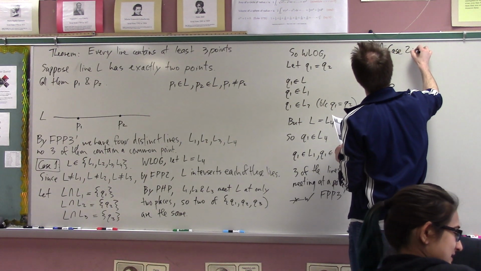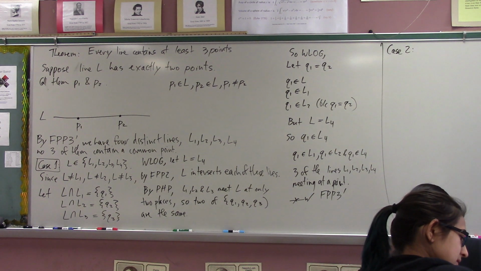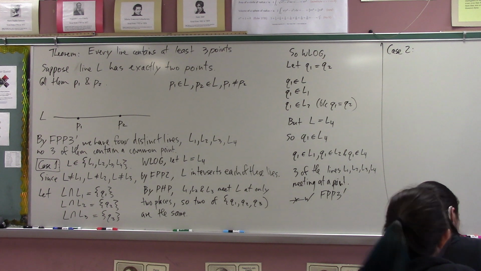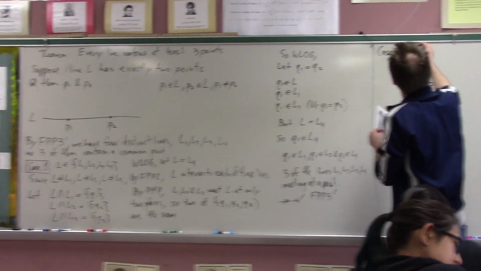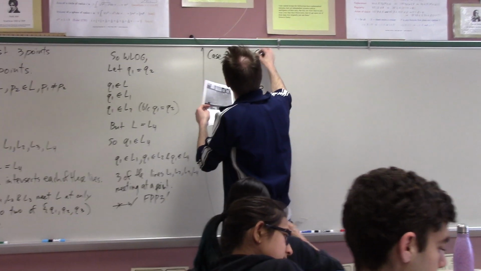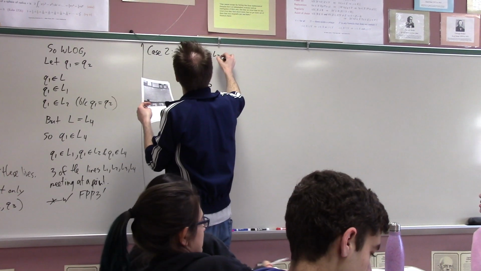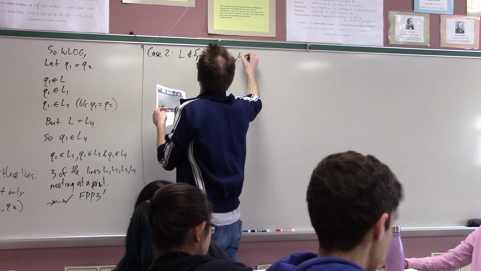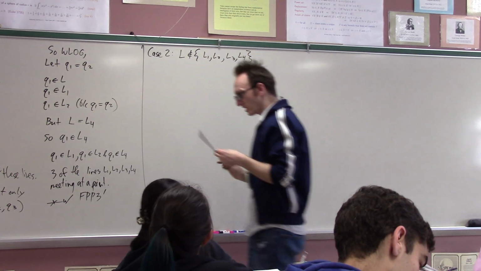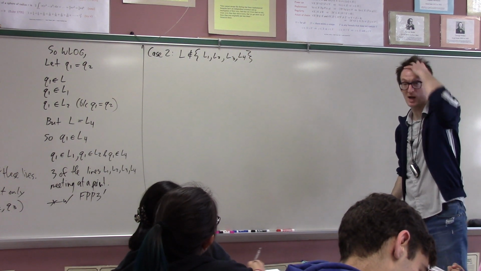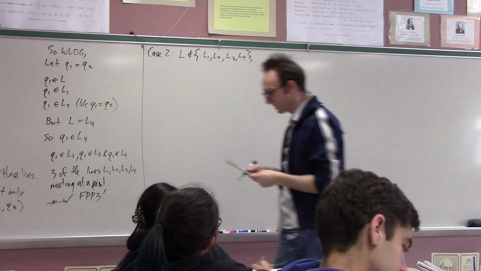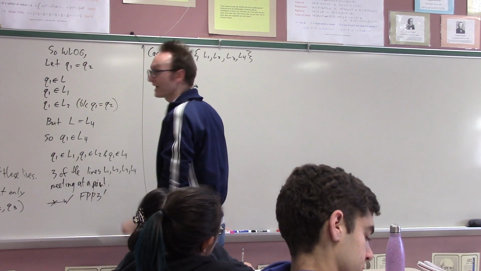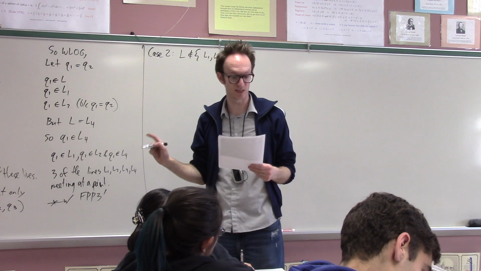Alright, case 2. Case 2 is that the line L is not one of the core 4 lines. So, let L be not one of lines L1, L2, L3, and L4. Still, this is impossible. Well, if L is not among these, then what do I know? I do know that L must meet each of these lines.